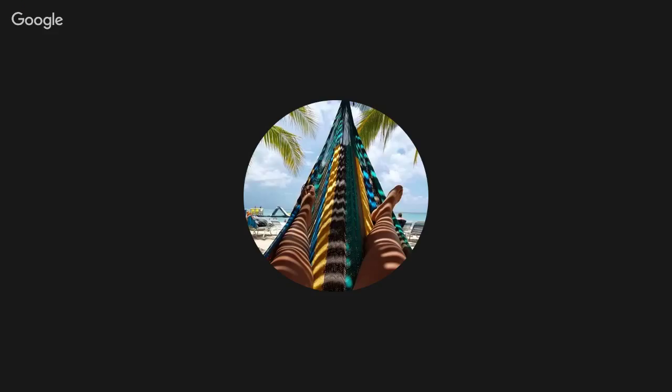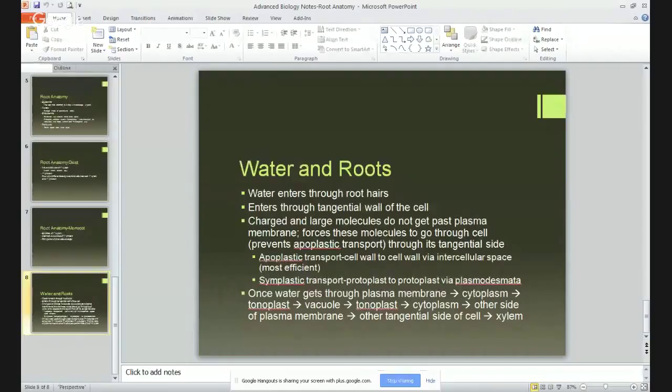So plasma membrane, cytoplasm, tonoplast, through the vacuole, out the other side of the tonoplast, through the other side of the cytoplasm, and out through the plasma membrane on the other tangential side of the cell. Then it hits the xylem, which is going to move that water up through the root, up to the xylem of the stem.